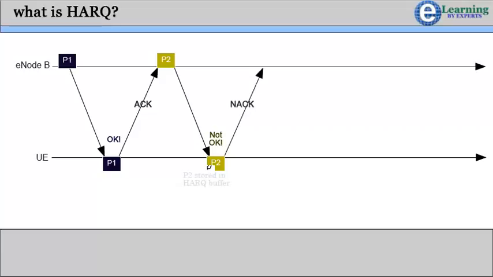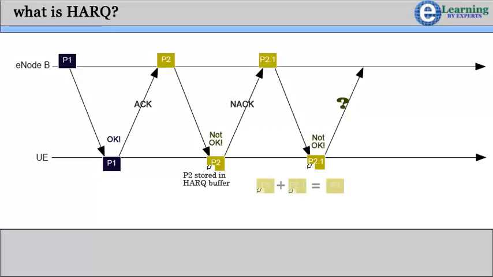Now, P2 is stored in HARQ buffer at UE. Continuing, the ENB sends another package P2.1 that also, let's consider, arrives with errors. UE has then in a buffer, bad package P2, and another package P2.1 which is also bad.